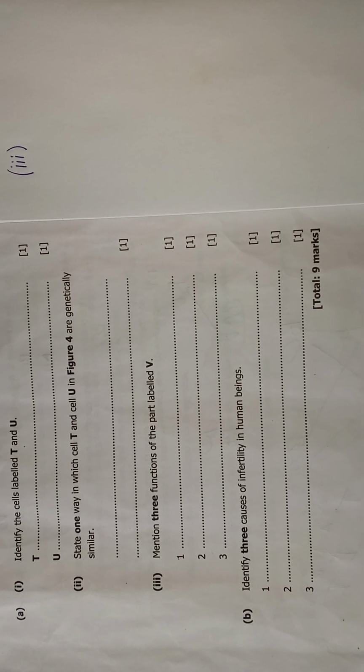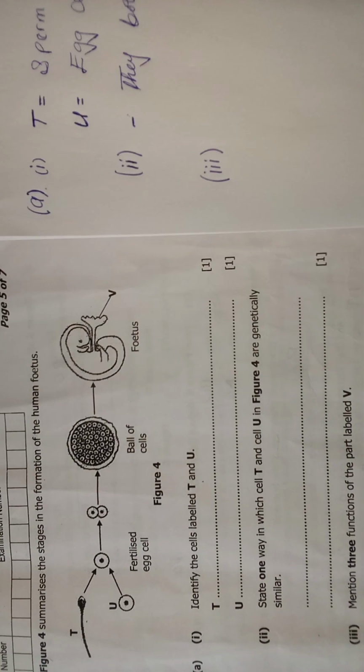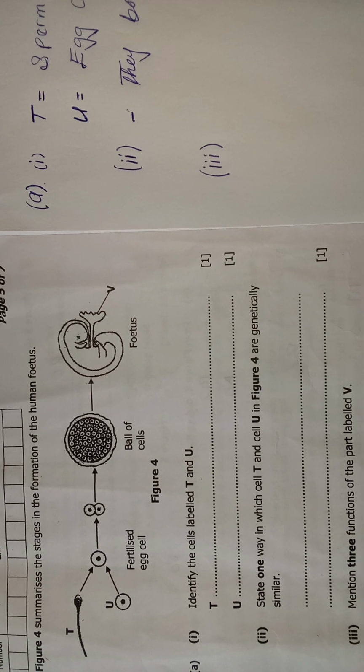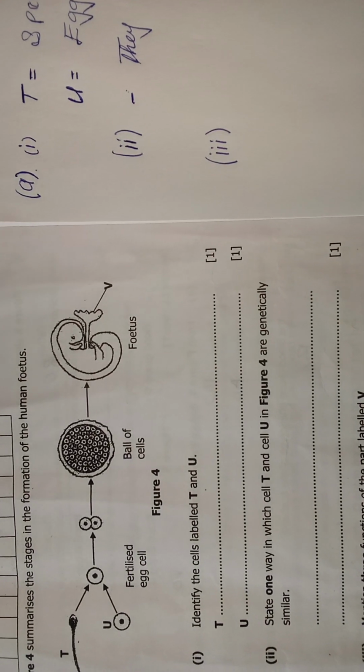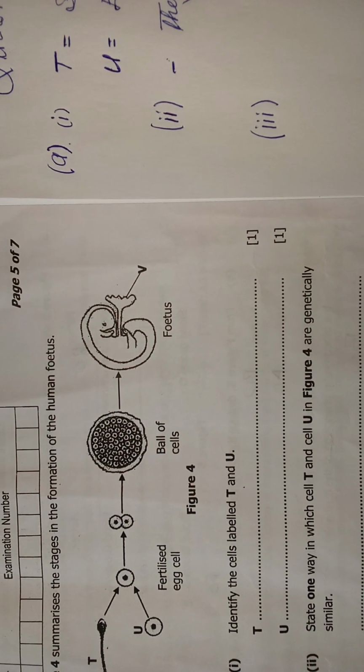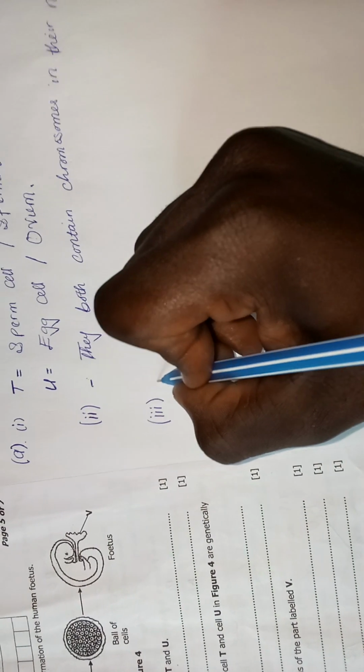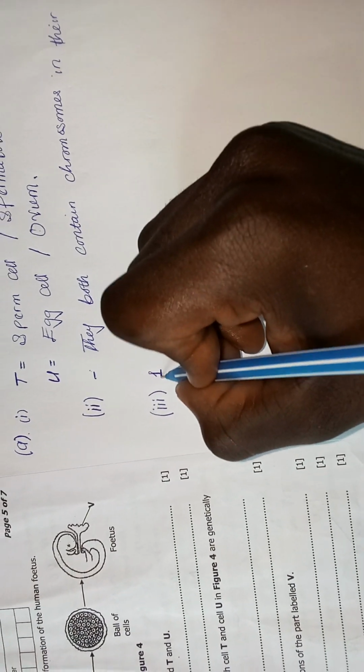Mention 3 functions of the part labeled V. So we should firstly be able to identify what the structure labeled V is. So that is the placenta. So what are the functions of the placenta? So the placenta performs various roles to the fetus.